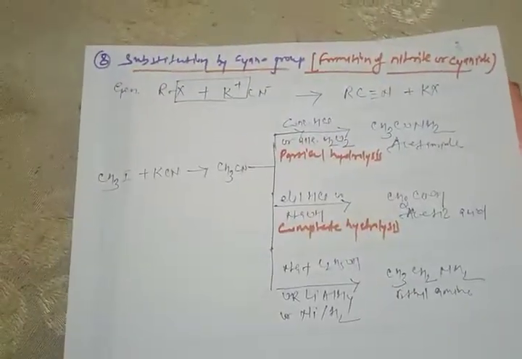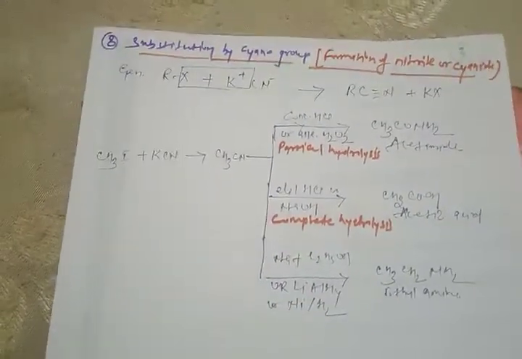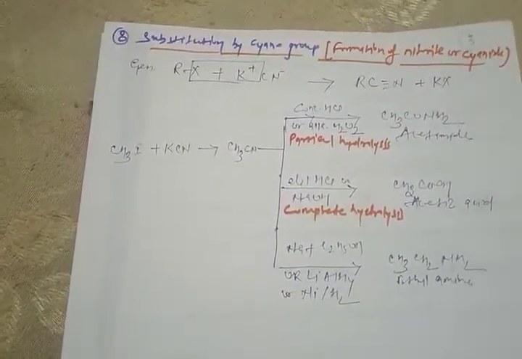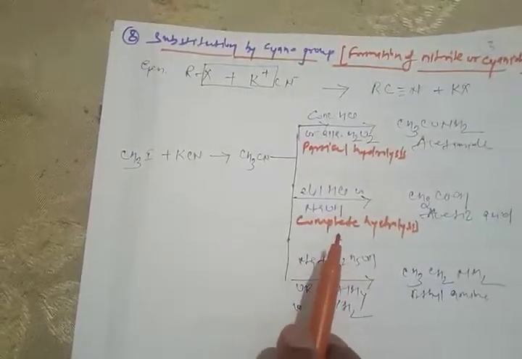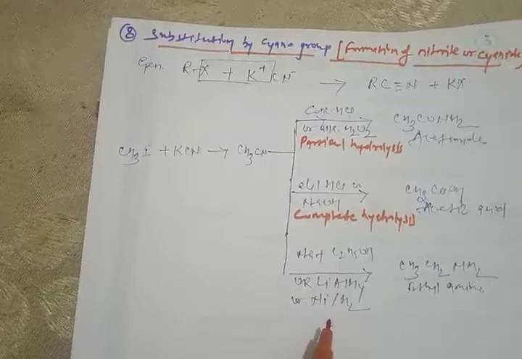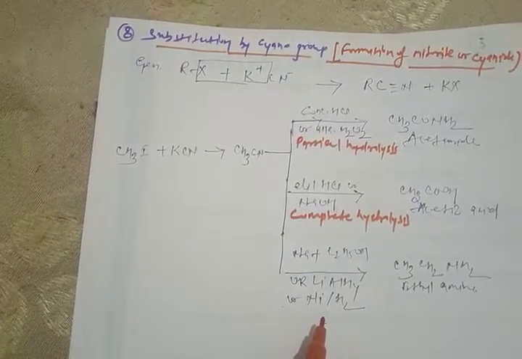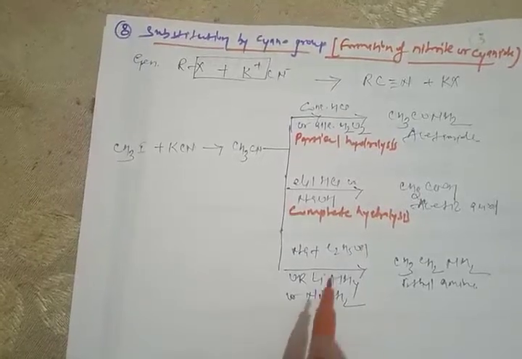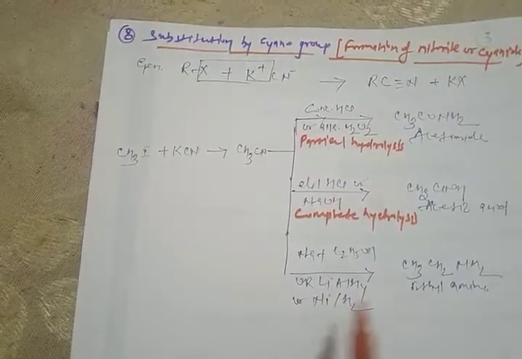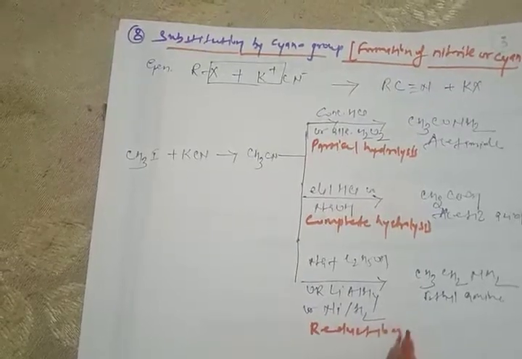This we will study in detail when we discuss the alcohols reactions. So this is the complete hydrolysis, and this is the reduction, because here these are the reducing agents. So these three things you need to understand.